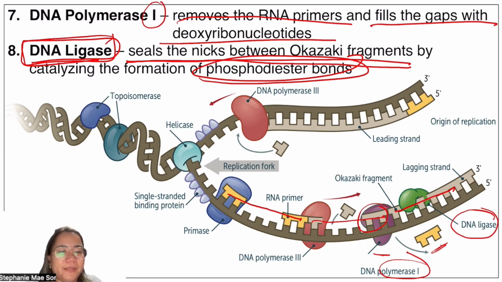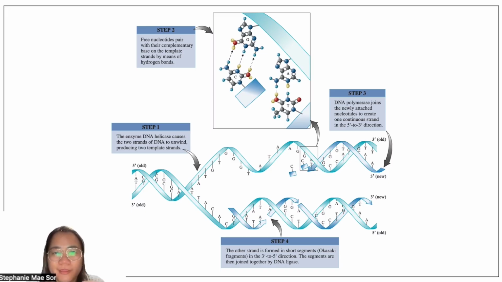Okay. So, summary nung synthesis. Magkakaroon din tayo ng visualization nito. So, mas madali siya maintindihan. Summary of DNA synthesis. The DNA is unwound by your DNA helicase to produce 2 template strands. And then, the nucleotides attached by hydrogen bonding and is joined by DNA polymerase.